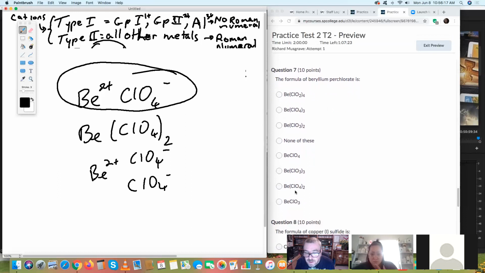And here's the answer right here. The most important point there is how to get from the Be2+ and ClO4- to that formula.